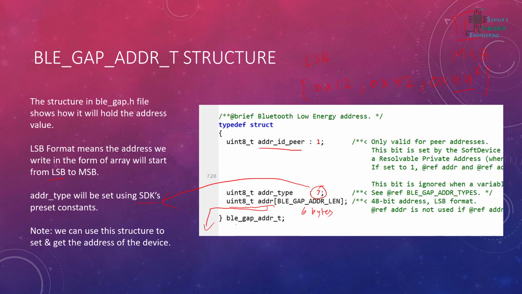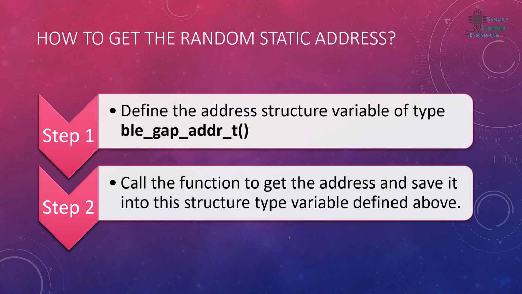So we have to define a structure variable of this type, then pass the address to that variable, and then call the set address function to set the address. And if we want to retrieve the address of the device, we can use the get address function. In order to get the address, we have two basic steps.